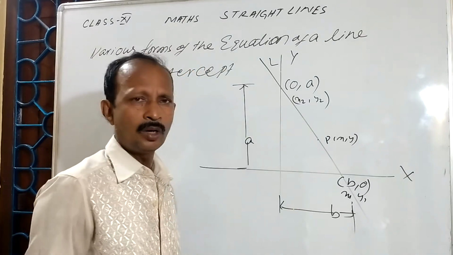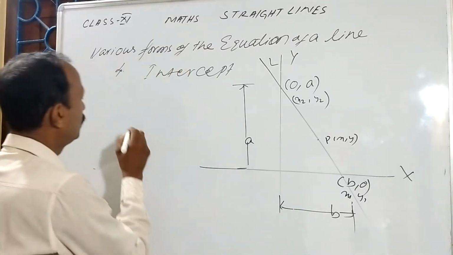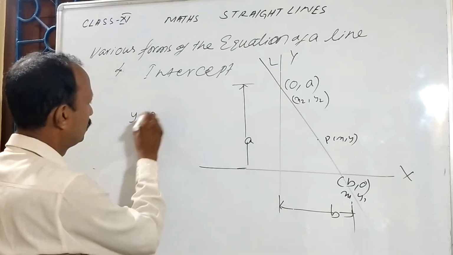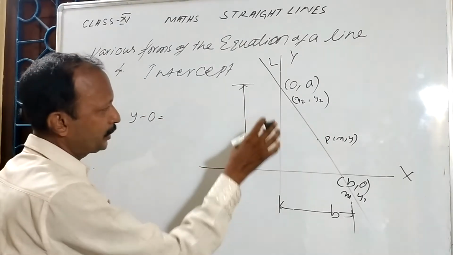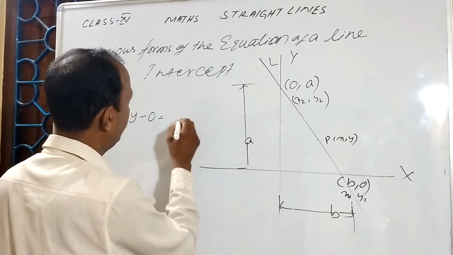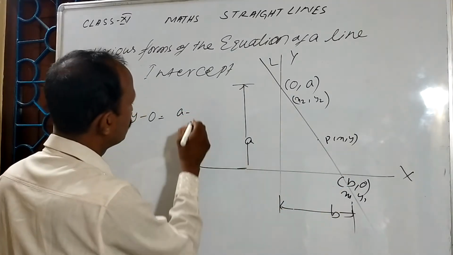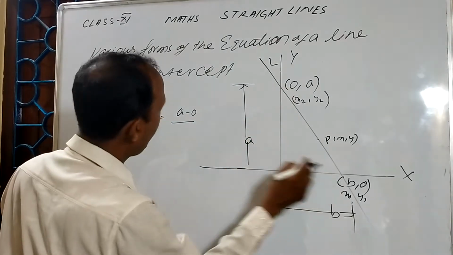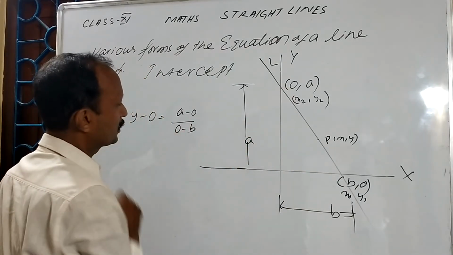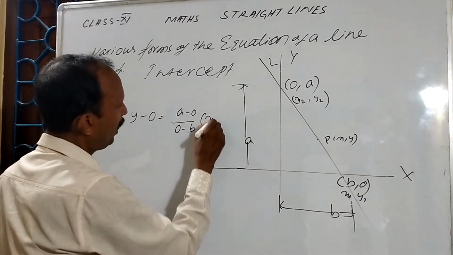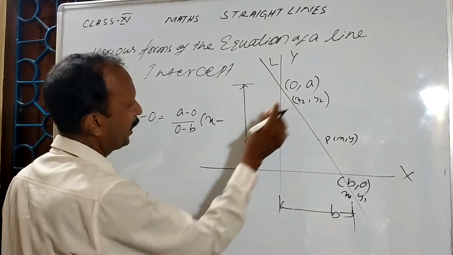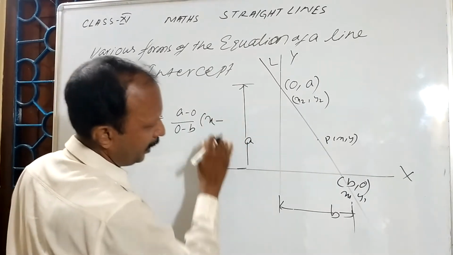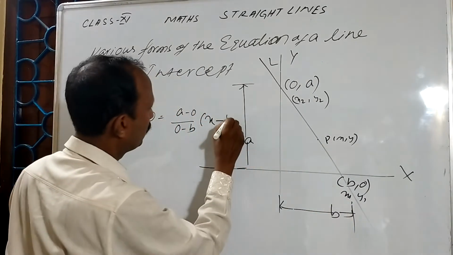So I can use the 2-point form here. y minus y1 means y minus 0 is equal to (y2 minus y1) means (a minus 0) divided by (x2 minus x1), 0 minus b, into (x minus x1), x minus b.